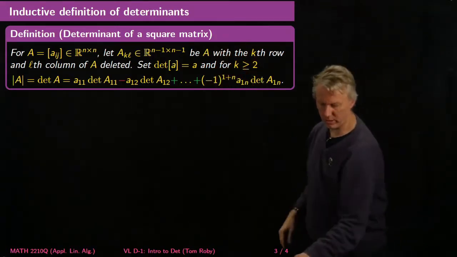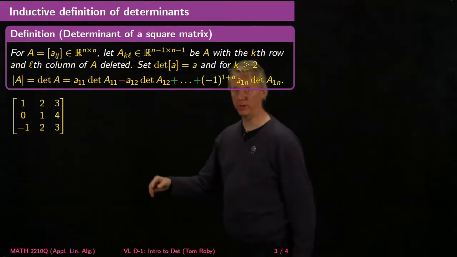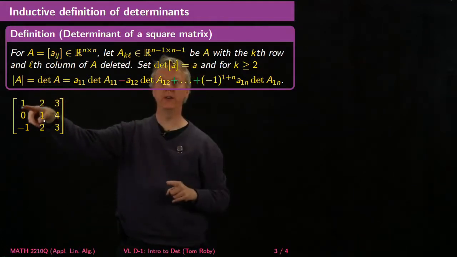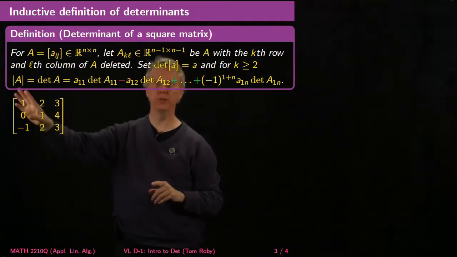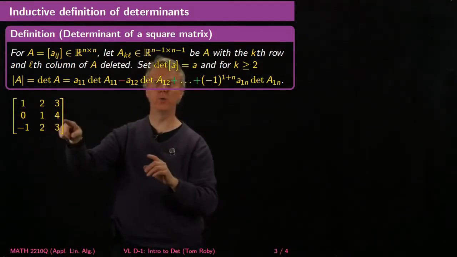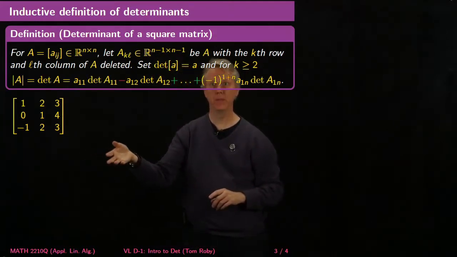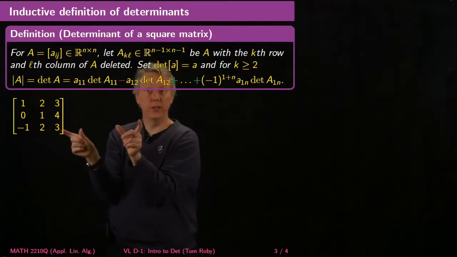Let me just show you quickly what that looks like on an example. This is sometimes called the minor of a matrix. So capital A11 here is going to be: delete the first row, delete the first column, and what are you left with? You're just left with 1, 4, 2, 3, a 2 by 2 matrix. On the other hand, it could be a little more complicated, they're not always necessarily contiguous.